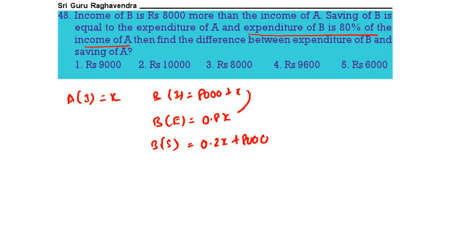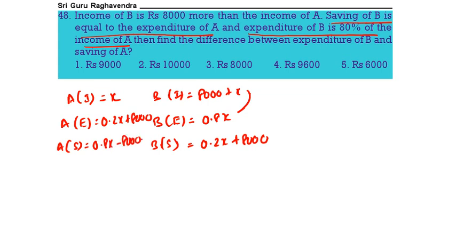This is B's saving. Similarly, the saving of B is equal to the expenditure of A, so A's expenditure is 0.2x plus 8,000. Therefore, A's saving will be x minus 0.2x minus 8,000, that is 0.8x minus 8,000.